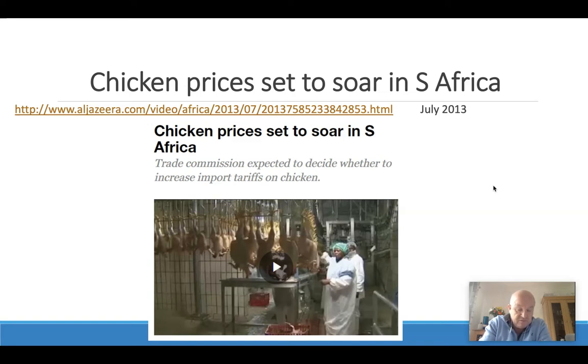It's a link that you can go and click and take a look at, and it explains a little bit about the reasons why, in this case, South African authorities felt that it might be a good idea to increase import tariffs on chicken. So there's one link that you can go and take a look at. It's not quite as hideously graphic as it maybe first looks if you look at that first picture, but there is a short video which explains some of the reasons why, in some cases, tariffs may be imposed.